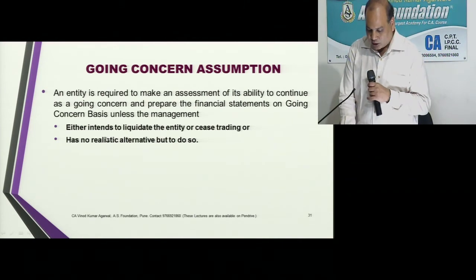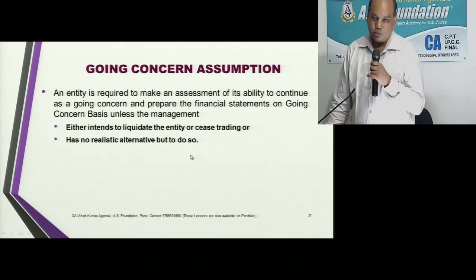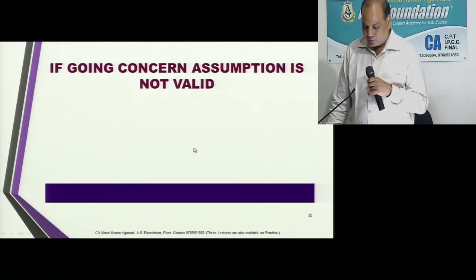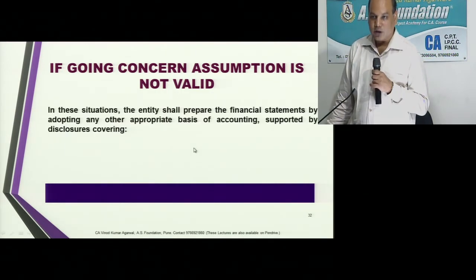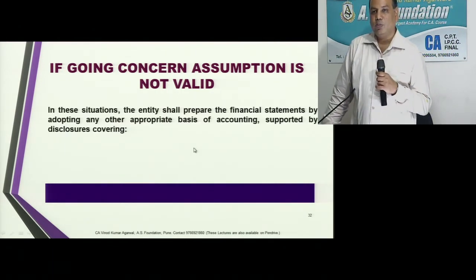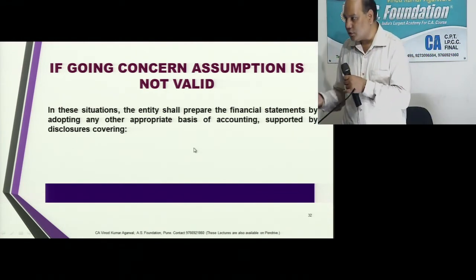Unless the management either intends to liquidate the entity or cease trading, or has no realistic alternative but to do so, then in that case financial statement will not be presented using your normal accounting principle. You may have to follow other principles, like fixed asset may be now valued at realizable value.